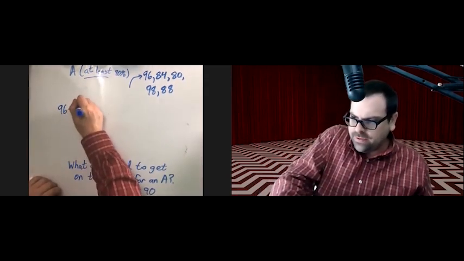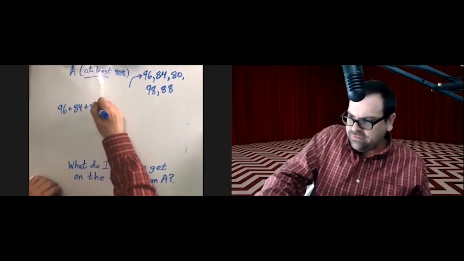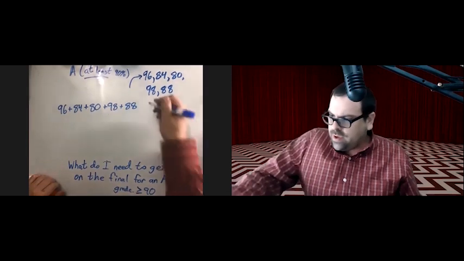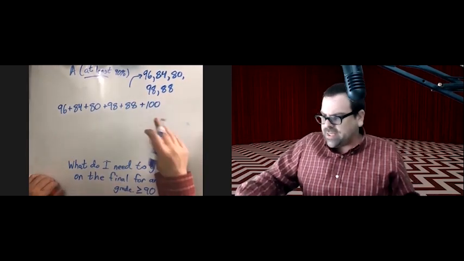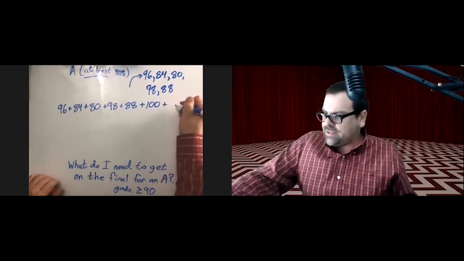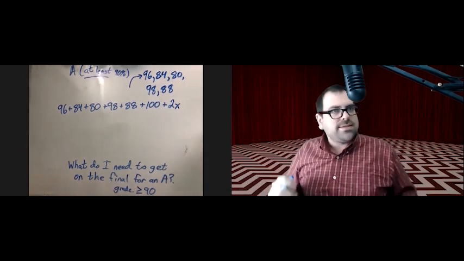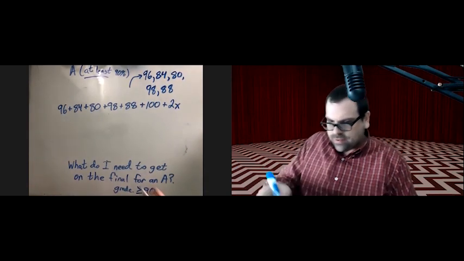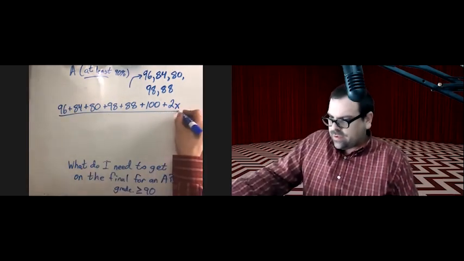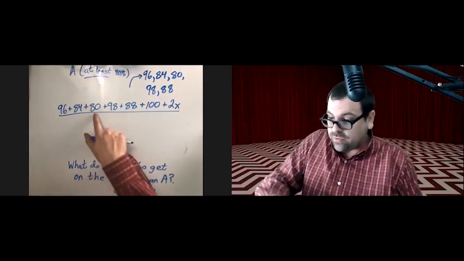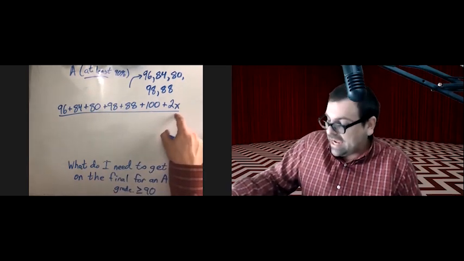If we add up the 5 test grades plus the 6th test grade, which would be the homework score of 100, plus x plus x, that'd be the 8 things. 1, 2, 3, 4, 5, 6, 7, 8.